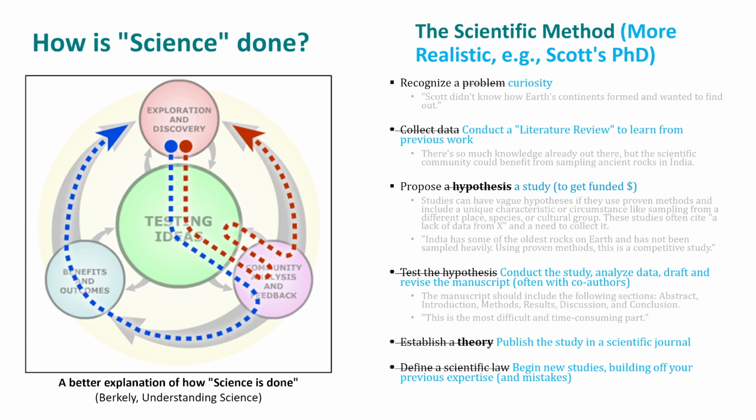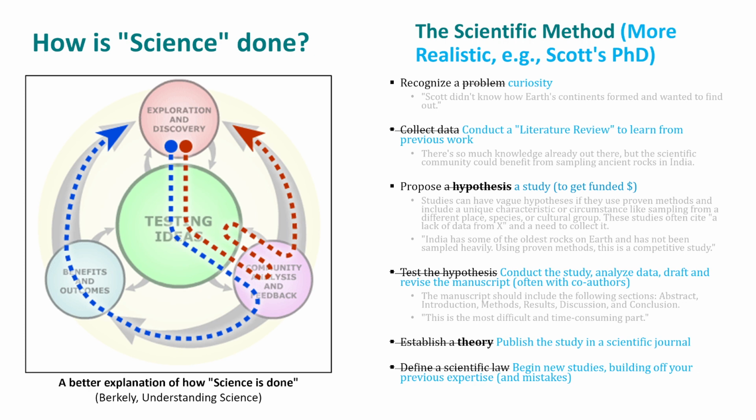Then you propose a study to get funded, conduct the study, analyze the data, draft and revise a manuscript with co-authors, publish the study if your results are valid and useful and interesting, and then begin new studies building off previous expertise and mistakes.